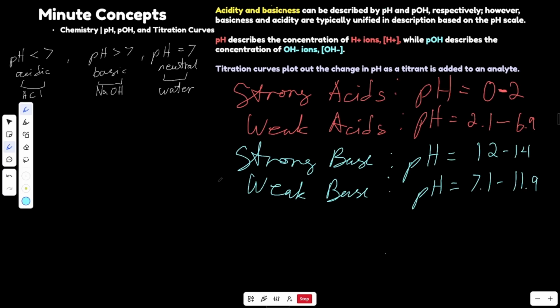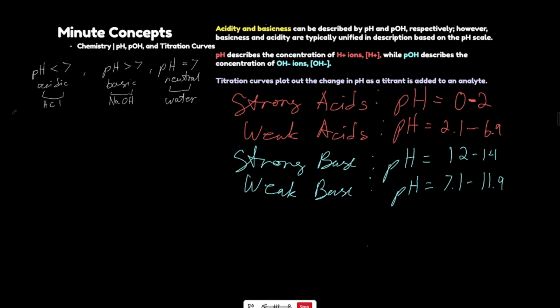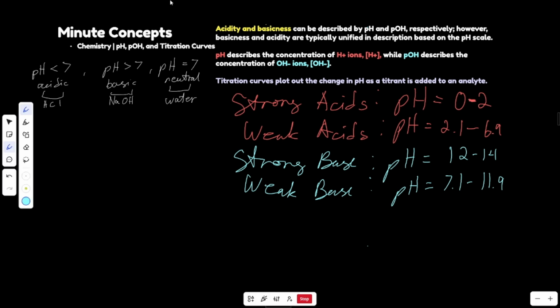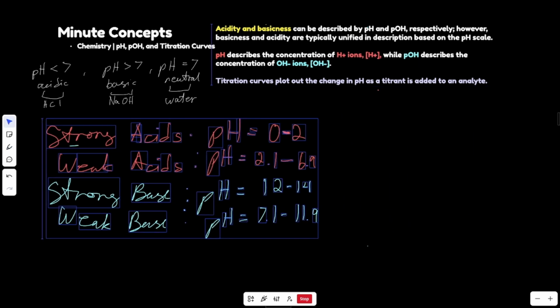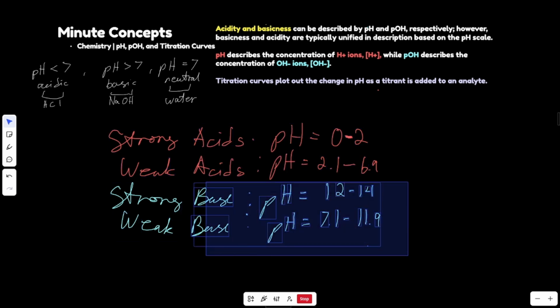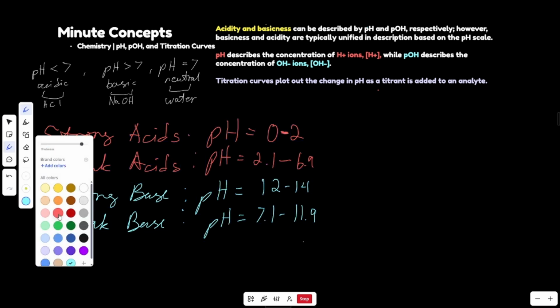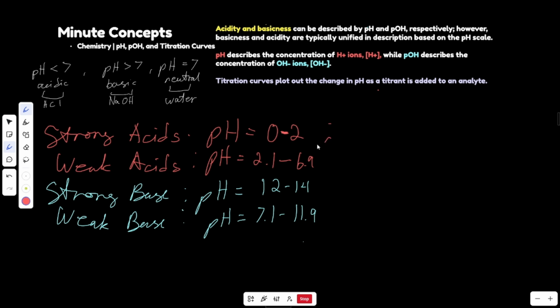We can also recognize strong acids and strong bases and weak acids and weak bases based on the chemical formula. So for strong acids, these are typically halogens plus a hydrogen, right?